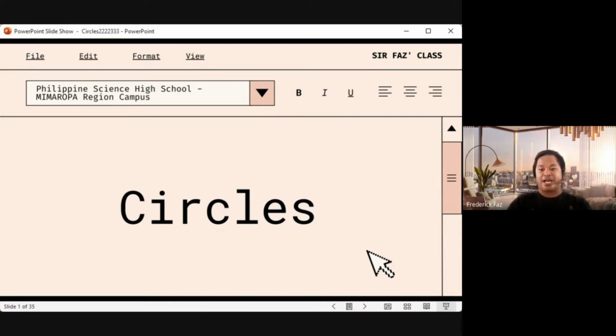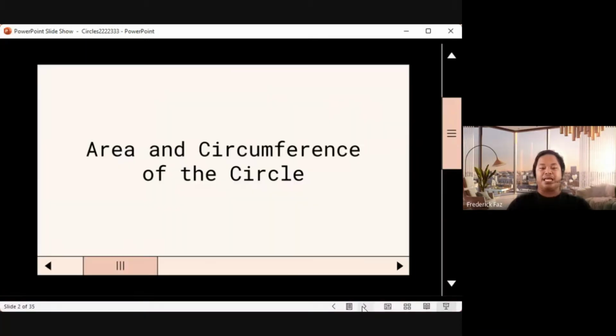Let's have now the discussion for circles. This is also the continuation of the lessons we have discussed, such as the different theorems on circles. And this time po, we have area and circumference of the circle.